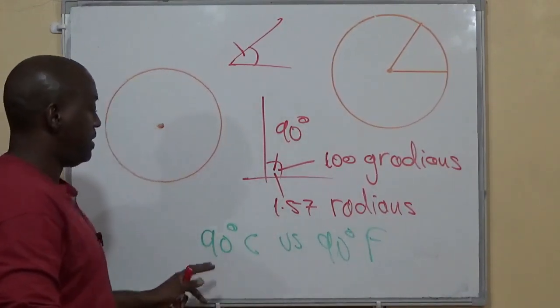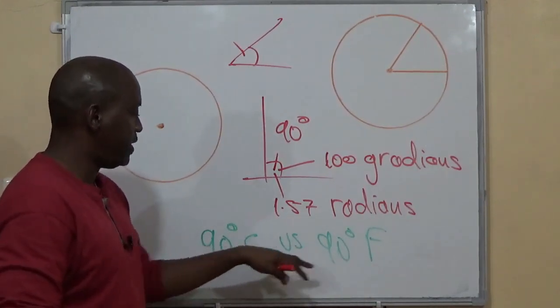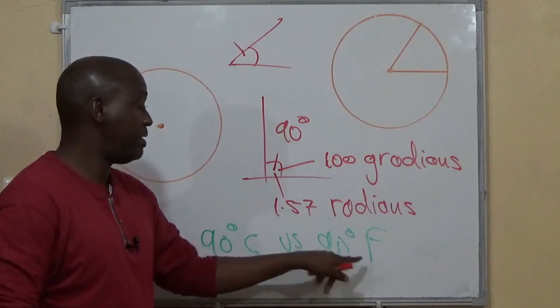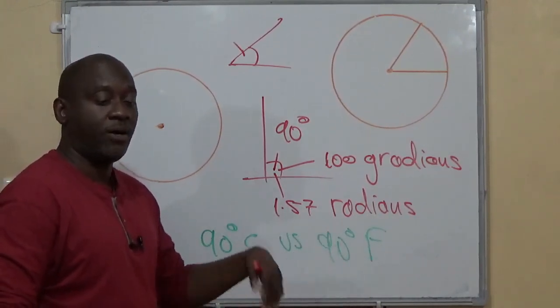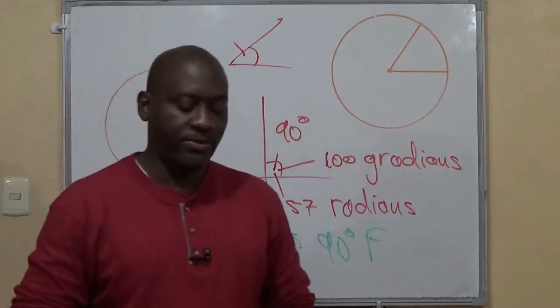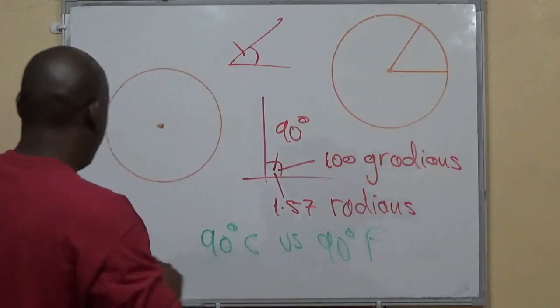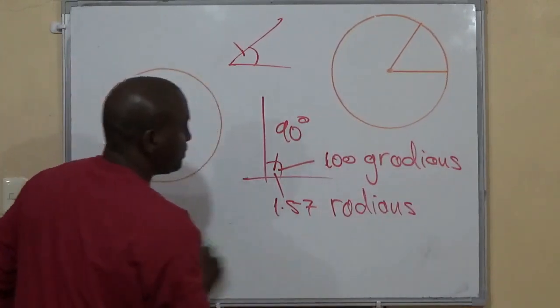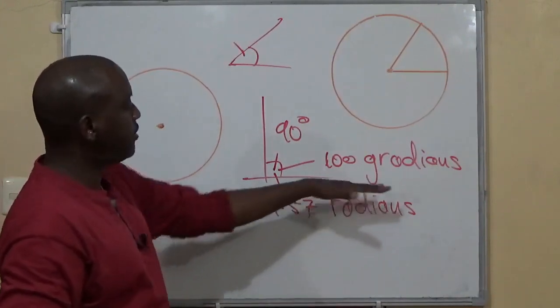Even though you have the same number, the fact that the units are different should suggest that these two things are not at the same temperature. Of course, we also have the unit of absolute temperature, but that's a separate discussion. That is physics. We're not even going into that here. So you have radians, gradients, and degrees.